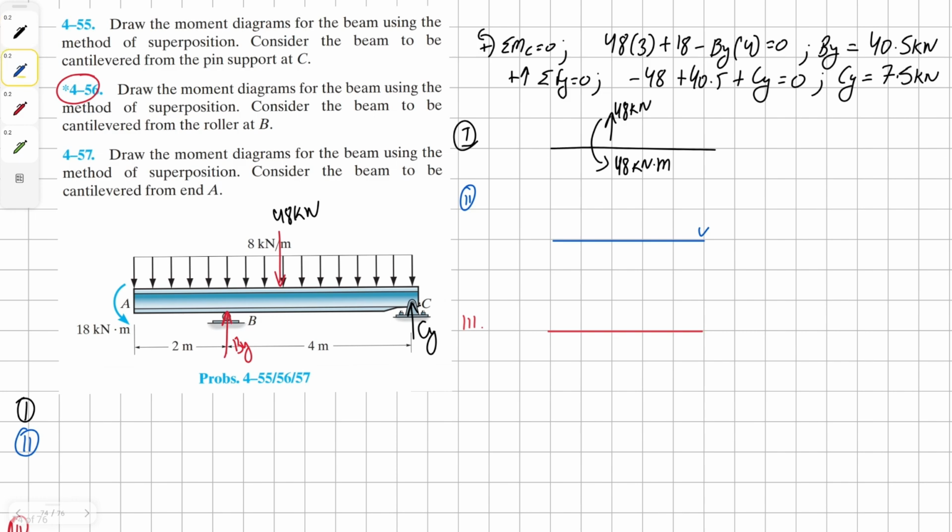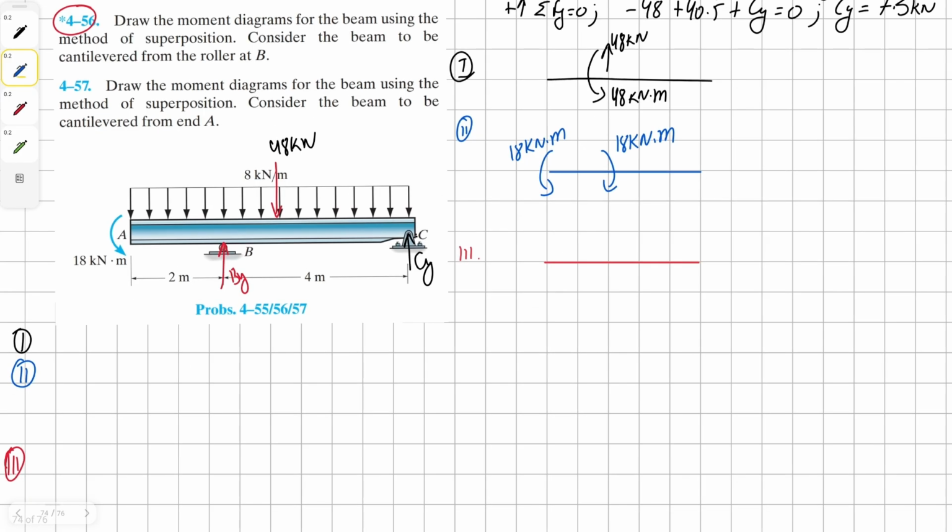Then our next force we're going to consider is our moment. We have been given 18 kilonewton meter, and we're going to have the opposite of this moment at point B. Once we have that, we can proceed to our next force, which is our Cy.